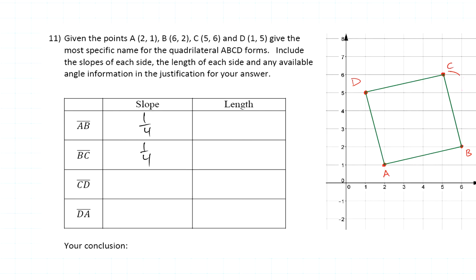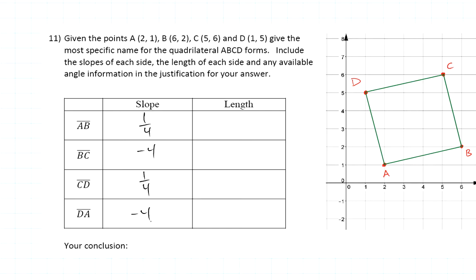So these both have slopes... I've got the order all wrong here, don't I? Let's see, AB and DC or CD both had a slope of 1/4. BC had a slope of, let's see, it was 4 over -1, so -4, and this has a slope of -4. So those are the slopes of the 4 sides of this quadrilateral.